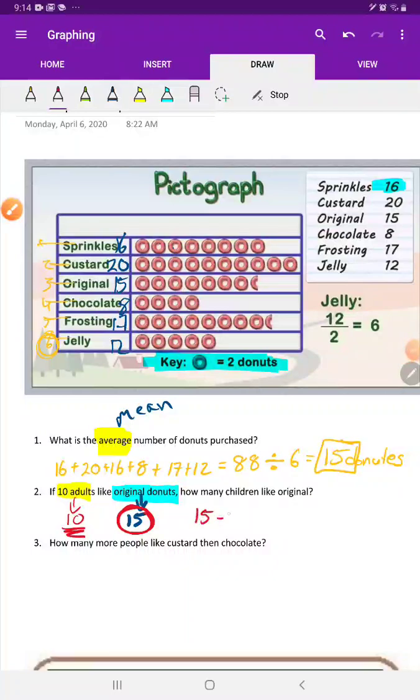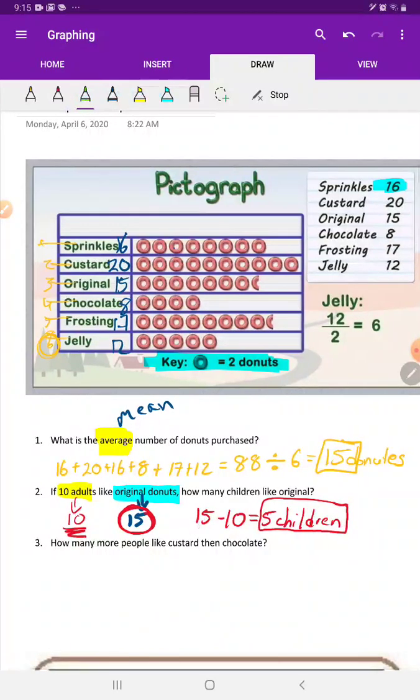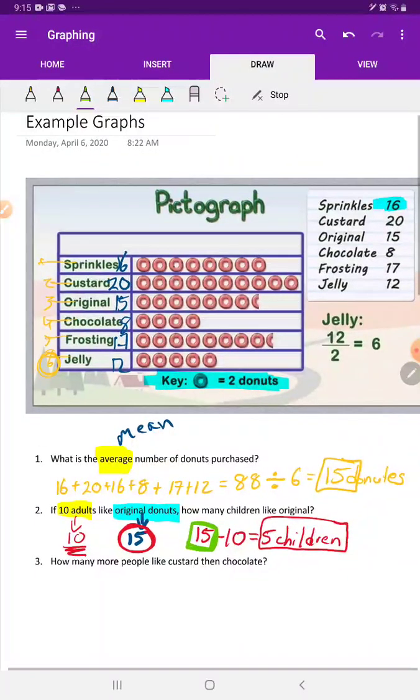That's a subtraction question. You have a total number of donuts, you take away the adults, and you get left with the children. That's how many kids like them. And we know that's true because 10 adults like original, 5 children like original. That makes 15 in total, which is what we want because there are 15 original listed up here.